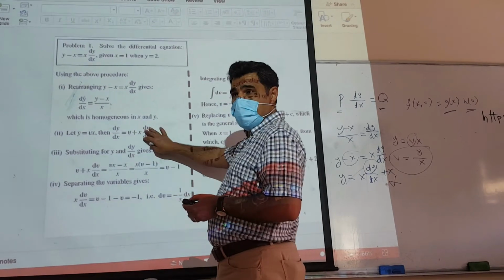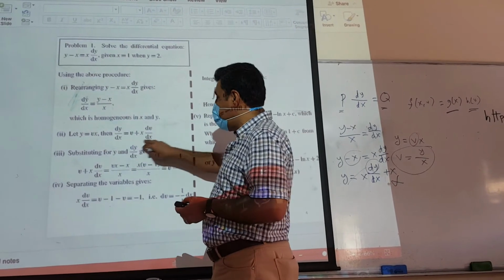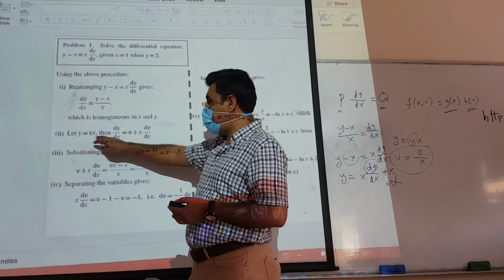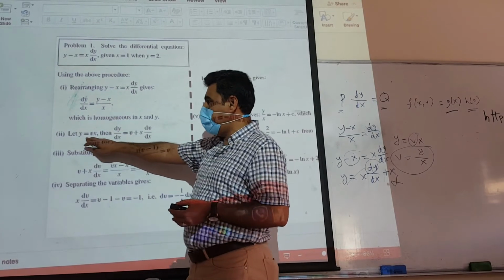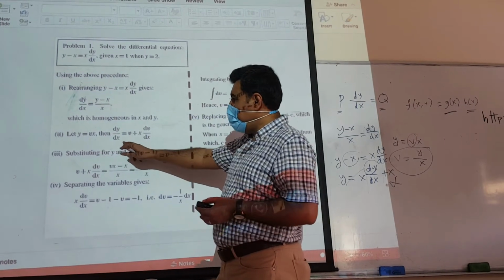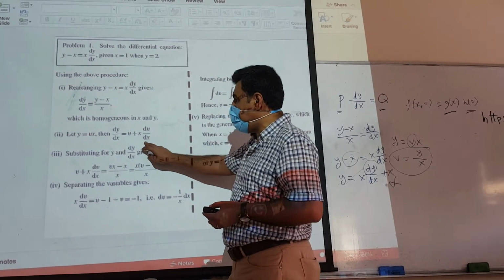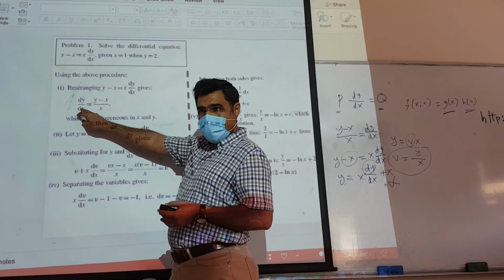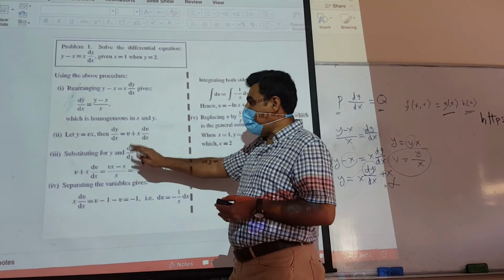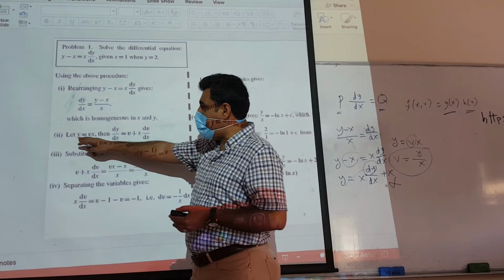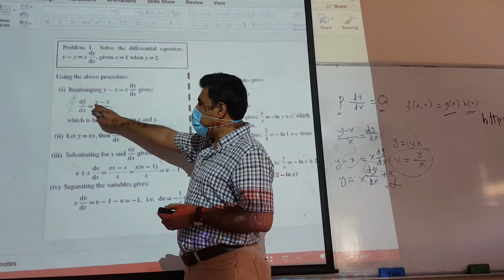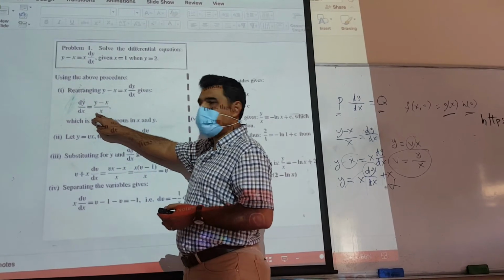We will take the derivative of this equation. Then we have dy over dx, which can be substituted by this value in the main equation. And then we have also the y value, which can be substituted in this part.